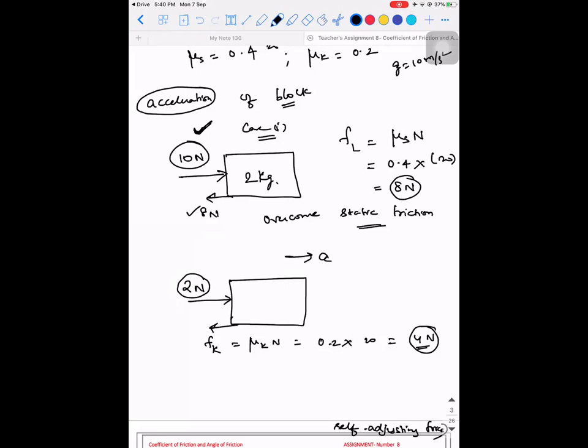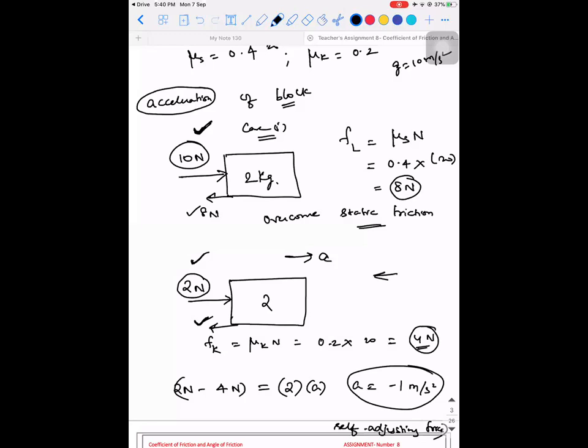So what I'm going to write is 2 Newton minus 4 Newton is equal to the mass of this block, 2, into acceleration. If you calculate, a will come as minus 1 meter per second squared, which means the object is moving in the reverse direction. That's what is going to happen in this case.